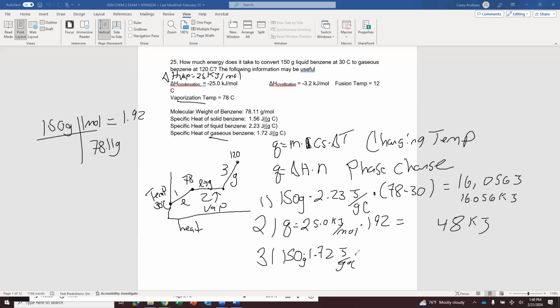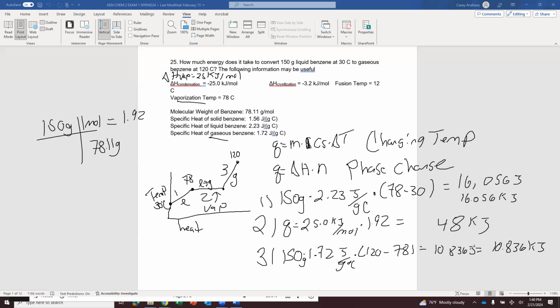My change in temperature, final minus initial, is 120 minus 78. That's where I started from. 120 minus 78 times 1.72 times 150. That's 10,836 joules, or 10.836 kilojoules.